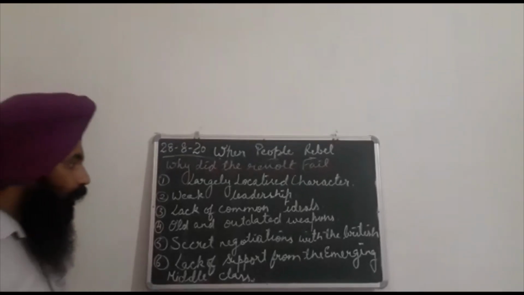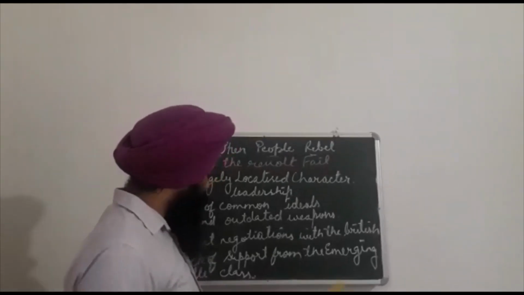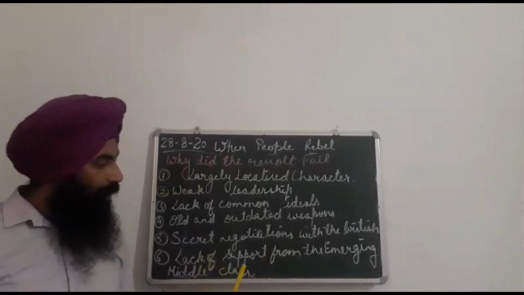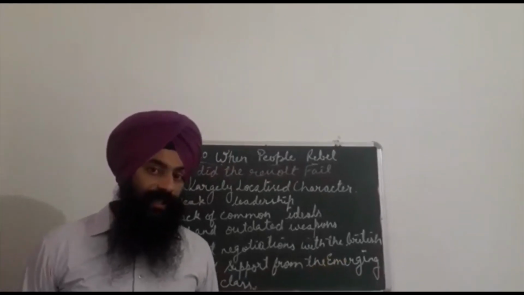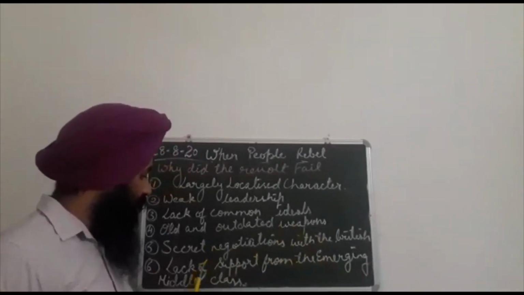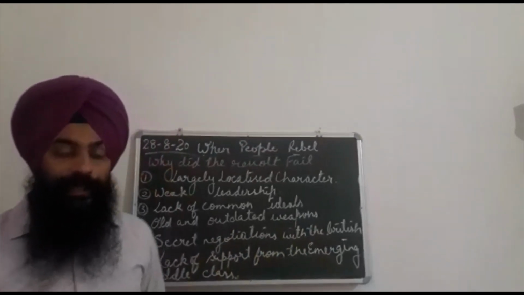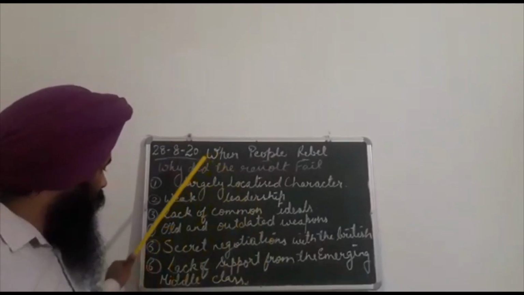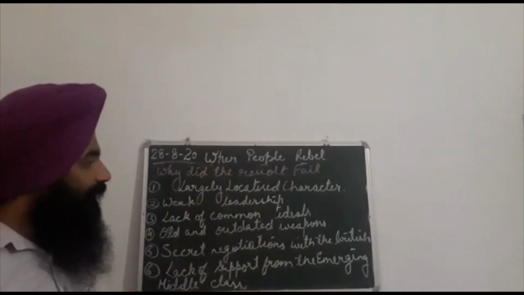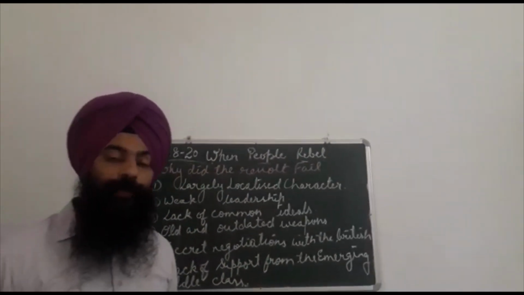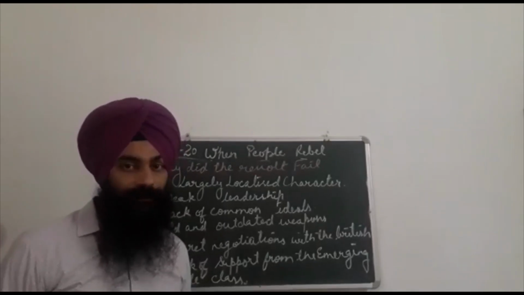In fact, the middle class believed that only the British could take India into the modern age, because for a large number of middle class families, the source of income was the industries. They were getting jobs in industry. That's why they did not take part in the revolt of 1857. These six were the major reasons responsible for the failure of the revolt of 1857.